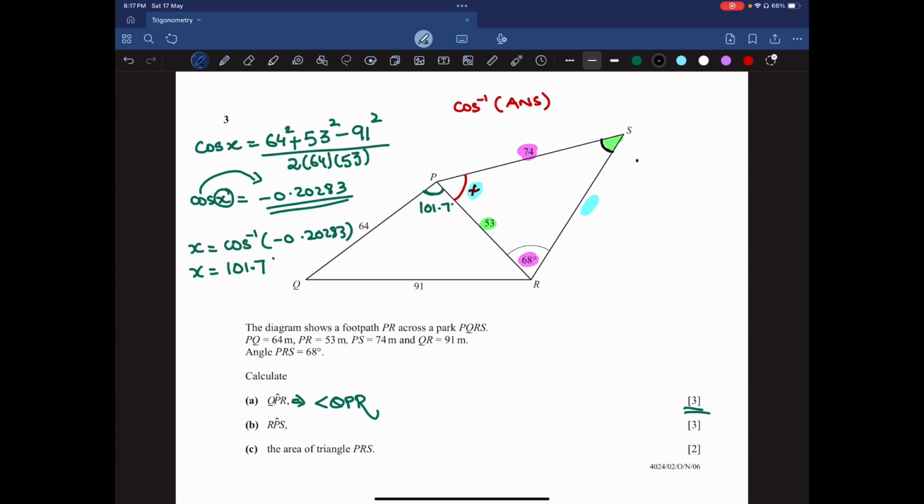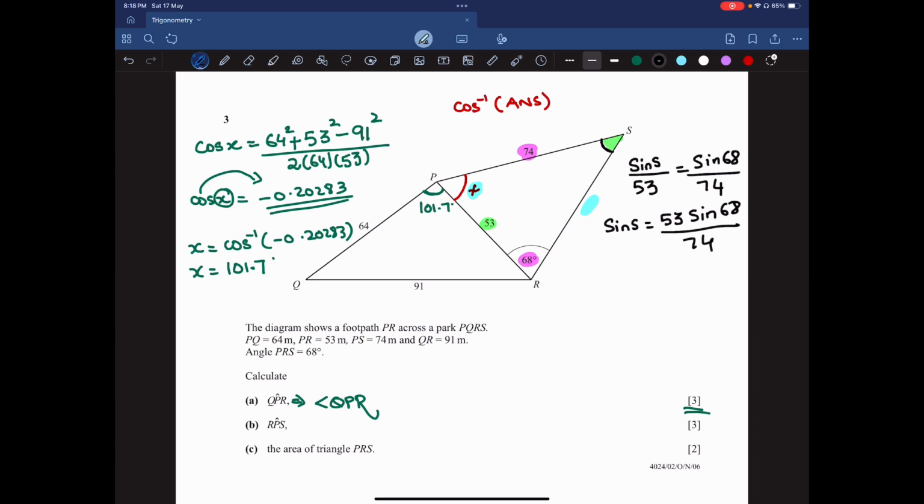Okay, so we are going to find angle S first. Sine of S over, what is the partner length? 53. Sine of S over 53 is equal to sine of 68 divided by 74. So sine of S is equal to 53 into sine of 68 divided by 74.